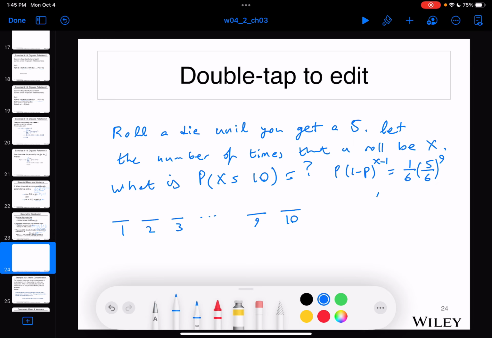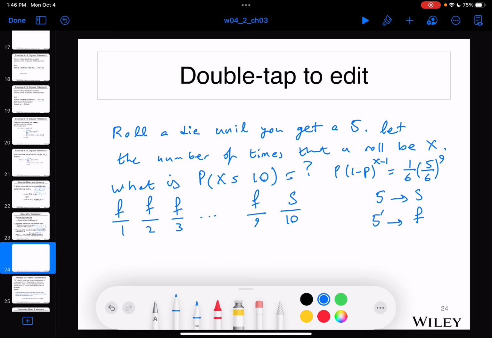I denote 5 as success, and anything other than 5, I call 5 prime. It's an abuse of notation, but we call anything other than 5 a failure, right? So I want my first roll to be a failure, my second roll to be a failure, third to be a failure, ninth to be a failure, and I want the 10th one to be a success, right? Because the question said, keep rolling the die until you get a 5.